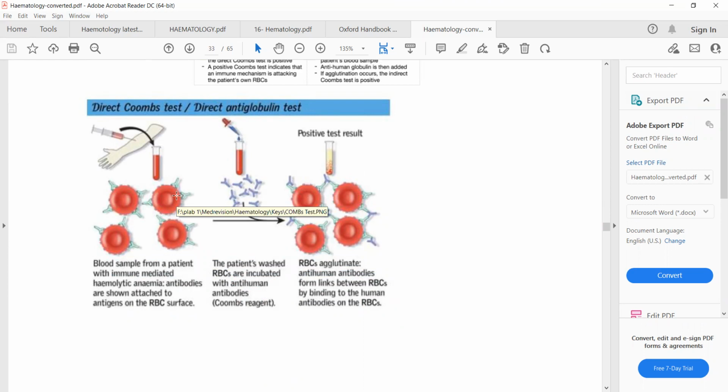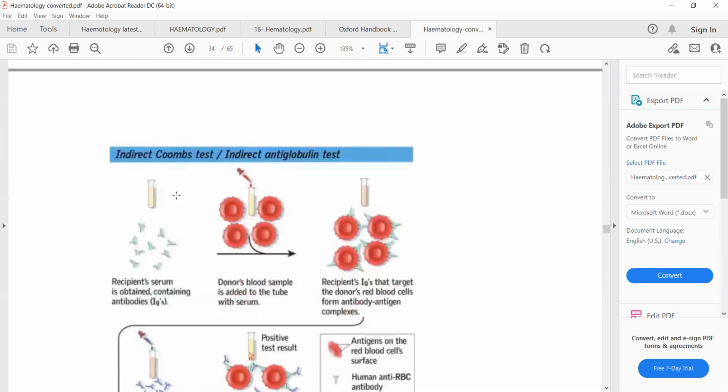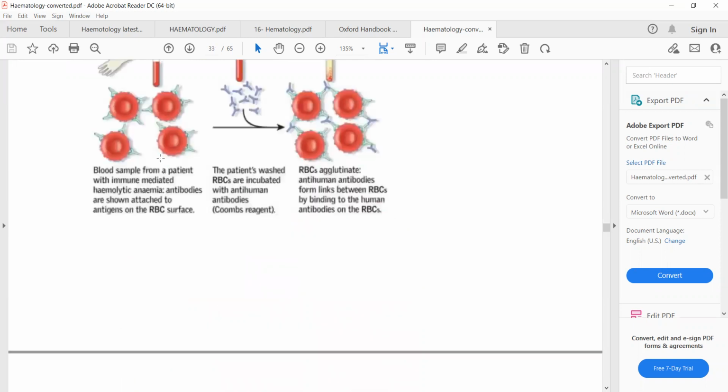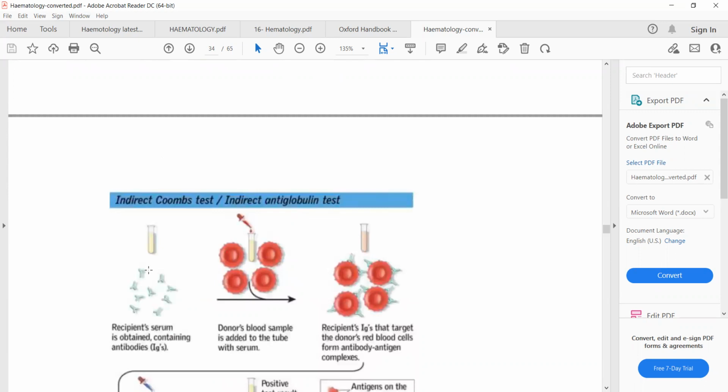So the direct Coombs test, or direct antiglobulin test, detects the antibodies present on the surface of RBCs, and the indirect Coombs test detects the antibodies that are present in the serum. So the direct Coombs test is done on the RBCs and the indirect Coombs test is done on the serum.